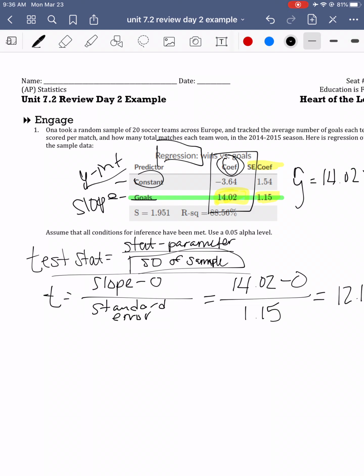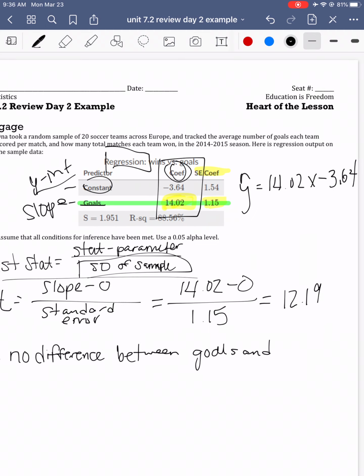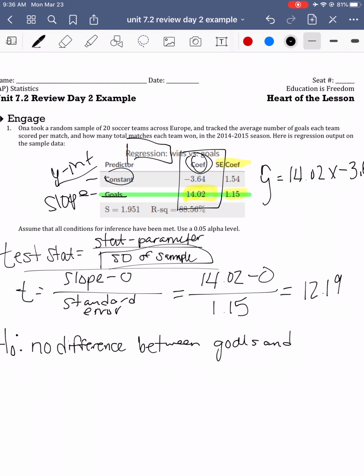For our null hypothesis, we would have that there is no difference between whatever our variables are, so goals and matches won.